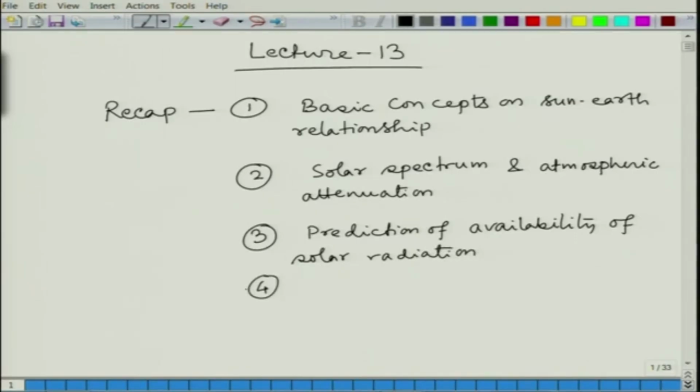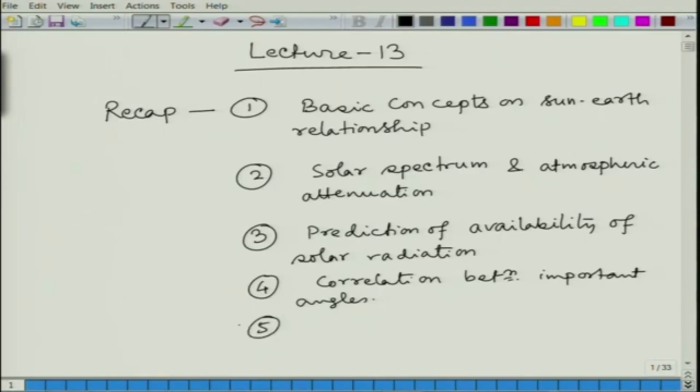Then the major topic that we saw next to this was the correlation between important angles. Okay.